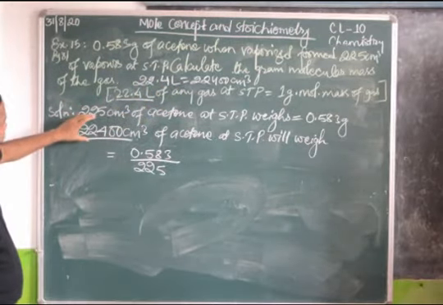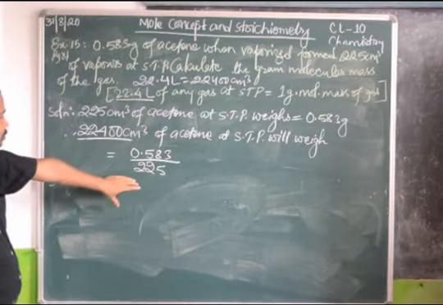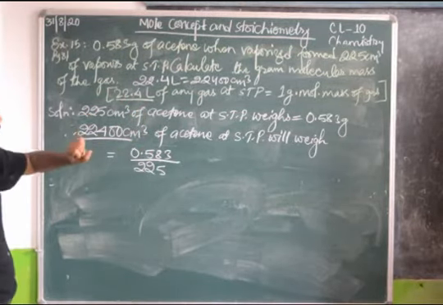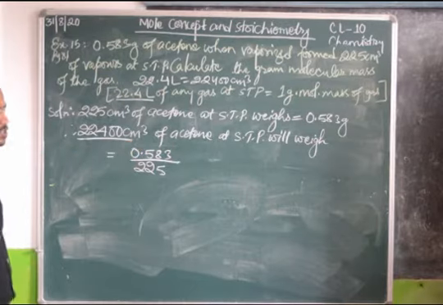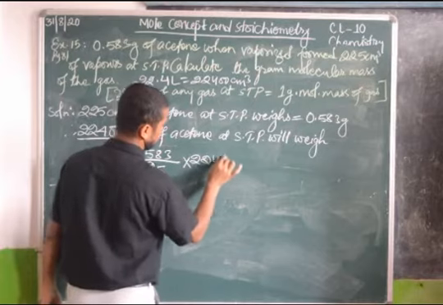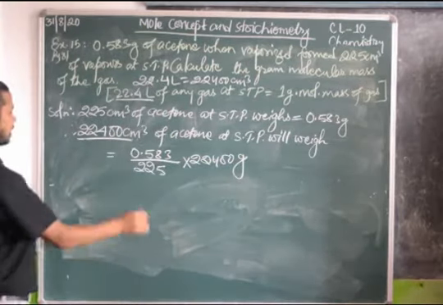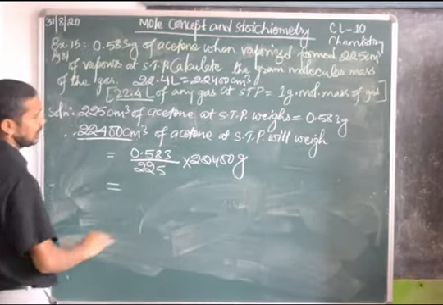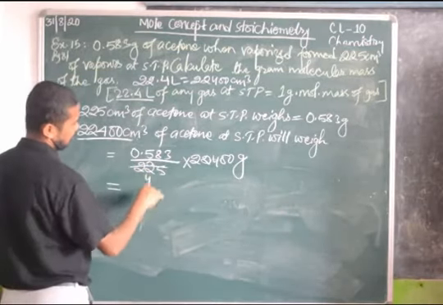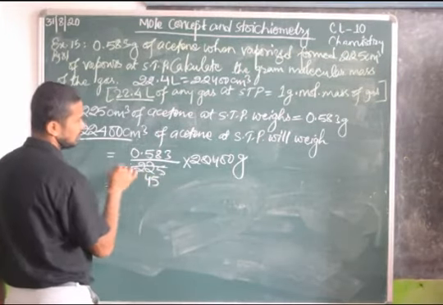Then 1 centimeter cube of acetone at STP weighs 0.583 by 225. Then 22,400 of acetone at STP will weigh this into 22400 gram. Okay, then you can cancel it by 5, by 4. 5 4 20 and 5 5.